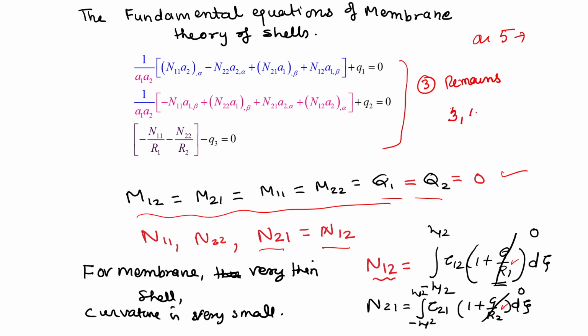Equation number 3rd and 4th vanish because they contain moment and Q. So equation number 1, 2 and 3 are valid for a doubly curved shell, and you can find special cases like surface of revolution or a cylindrical shell. Substituting the corresponding parameters A1, A2 or R1, R2, you can get the set of equations for the membrane theory of shells.